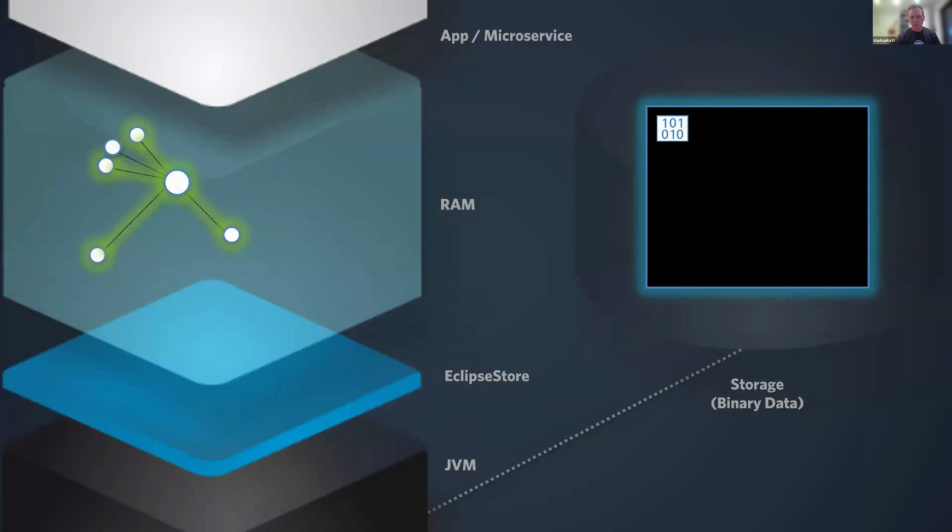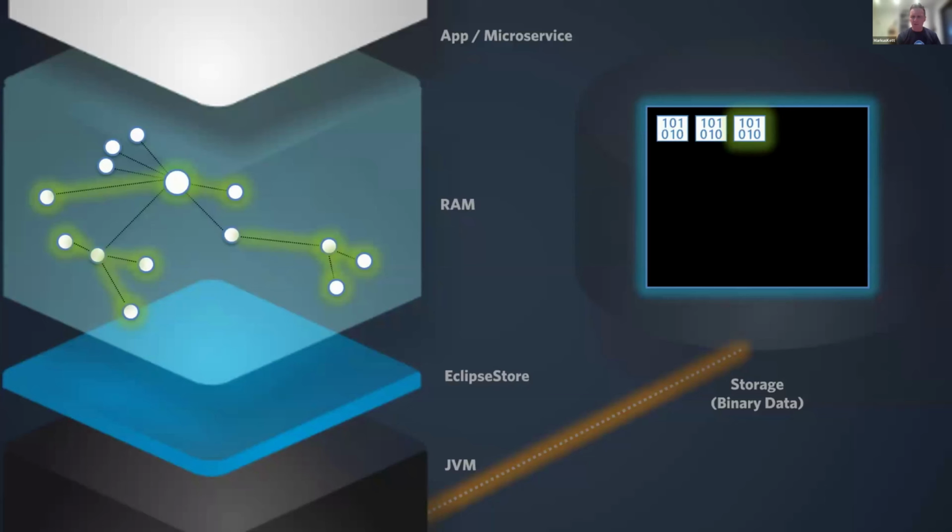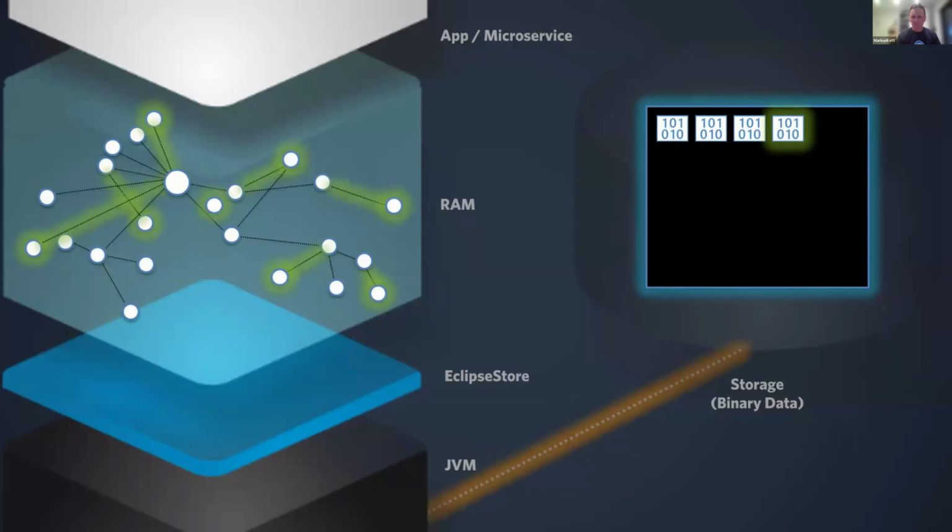Let's create some more objects. We call a store method, and voila, we have another binary file in our storage target. We can repeat this, and we get more and more binary files in our storage target.